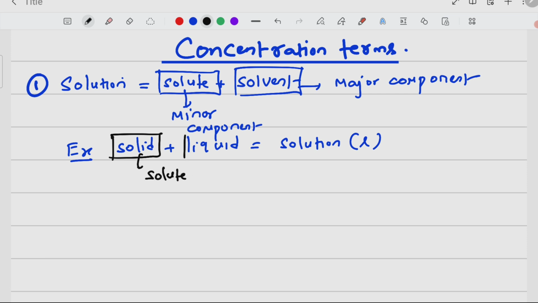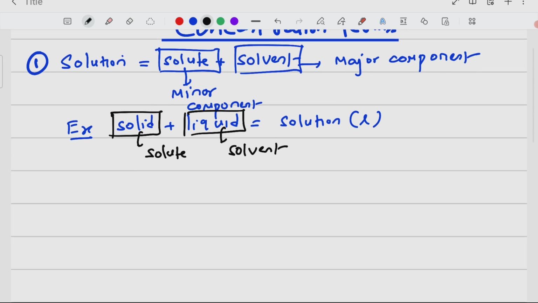By default, liquid is the solvent, because the physical state of solvent as well as solution is always the same. The physical state of solution is liquid, so liquid is the solvent.